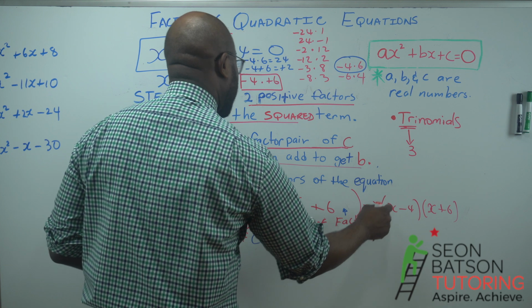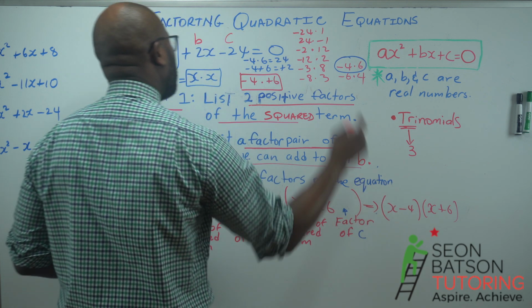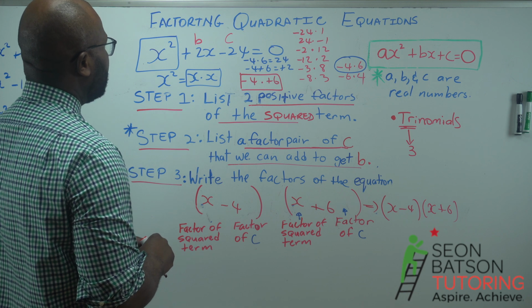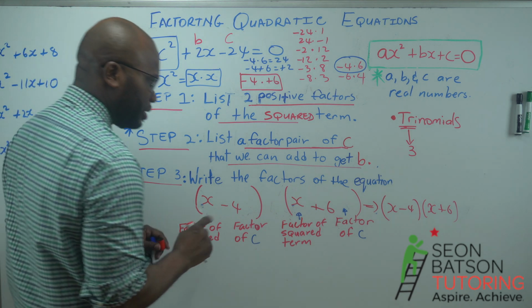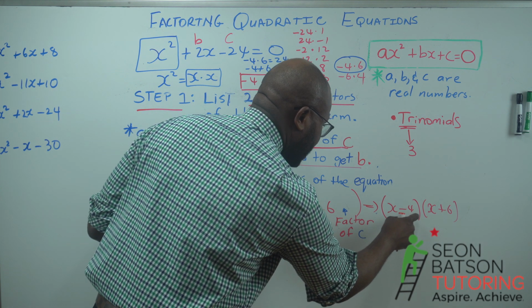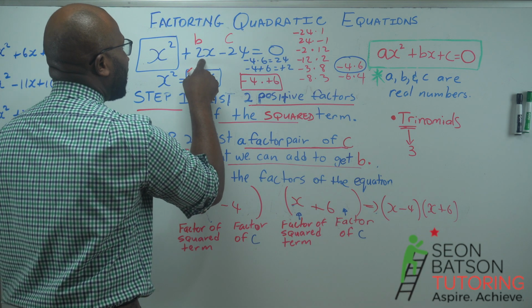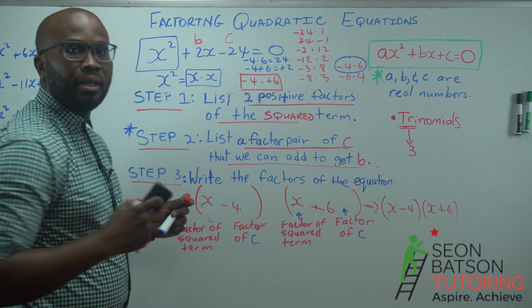If we were to multiply x minus 4 times x plus 6, we will get x squared plus 2x minus 24. Yeah? If we were to multiply x minus 4 times x plus 6, we will get x squared plus 2x minus 24. How are you feeling?